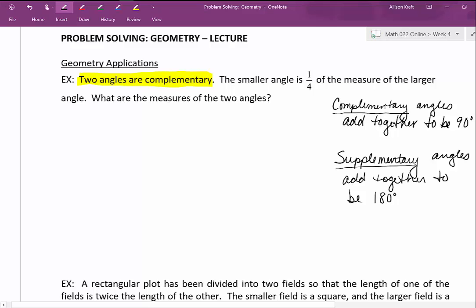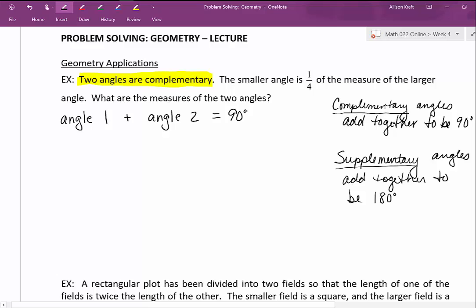So the two angles that we have are complementary. That means that angle 1 plus angle 2 will equal 90 degrees.